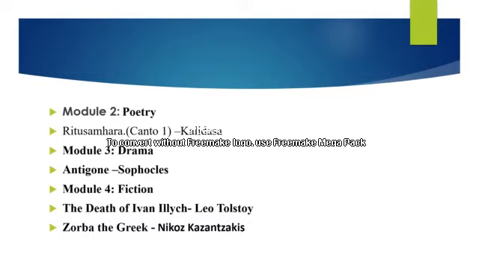In this module, we have to study two works of fiction: The Death of Ivan Ilyich by Leo Tolstoy, and the second one is Zorba the Greek by Nikos Kazantzakis. So these are the 4 modules we have to discuss in this particular paper, World Classics.